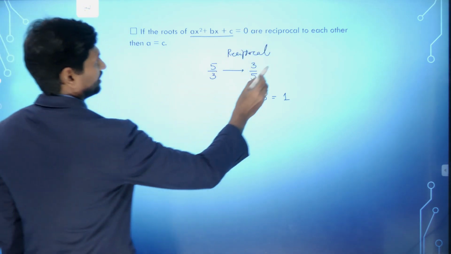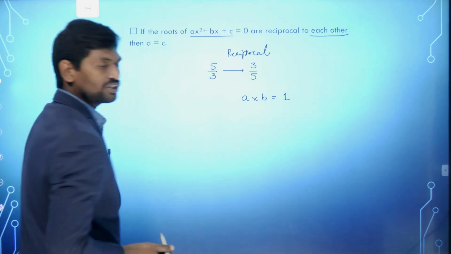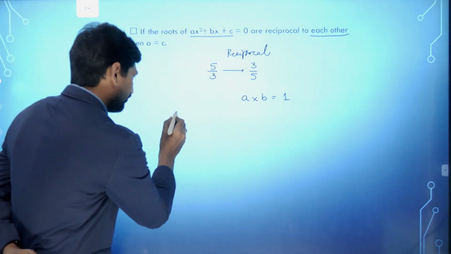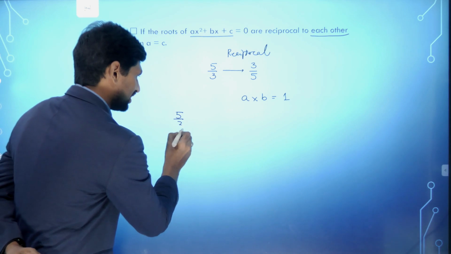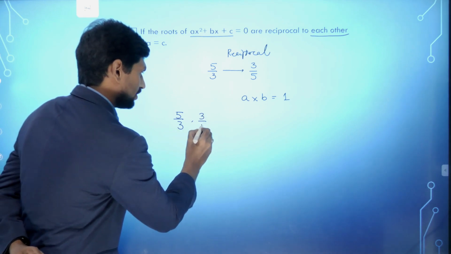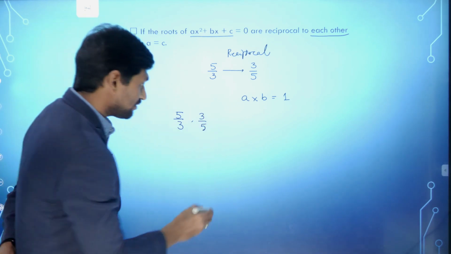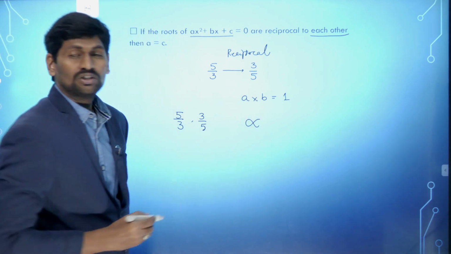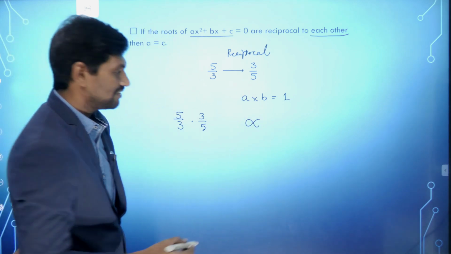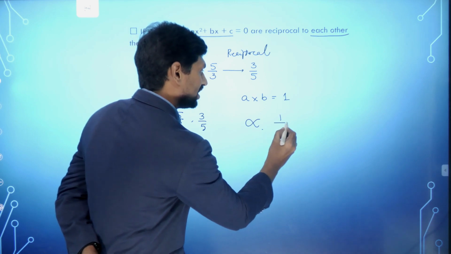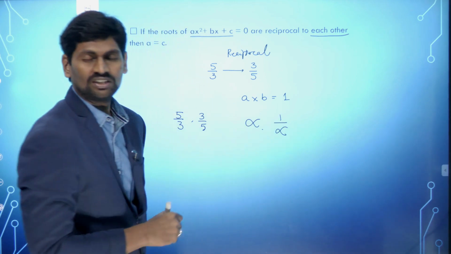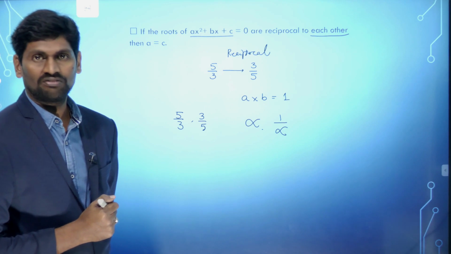Now here it is given that the roots are reciprocal to each other. That means if one of the roots is 5 by 3, obviously the second root is 3 by 5. Now if one of the roots is alpha, what is the second root? 1 by alpha. Alpha is nothing but alpha by 1, and its reciprocal is 1 by alpha.